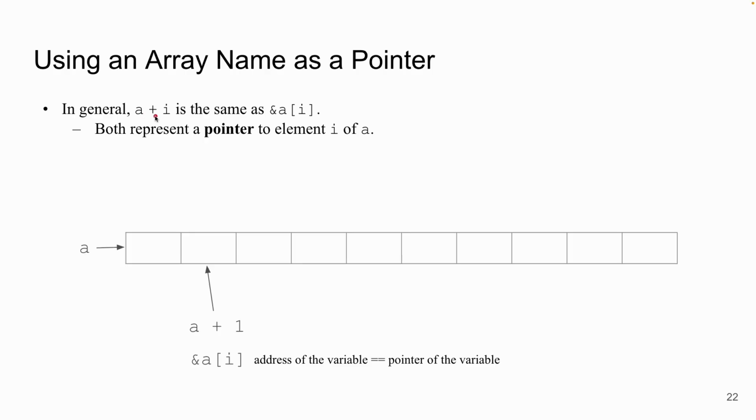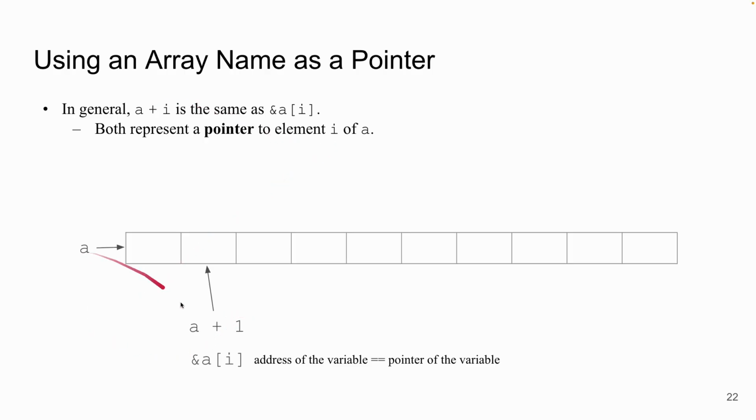So if we add I, let's assume I is an integer variable, then A plus I is the same as the address of A[I]. It's the same as using I as the index number of array A, because A plus I itself is still a pointer.